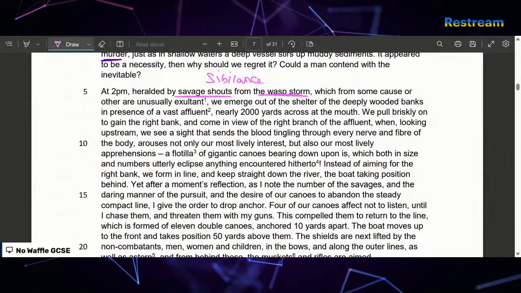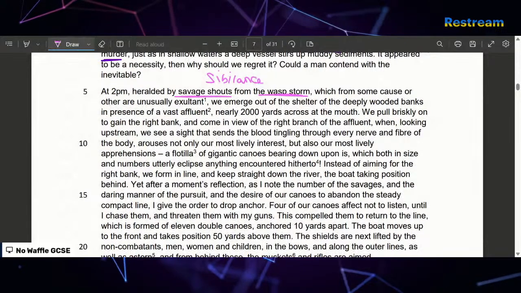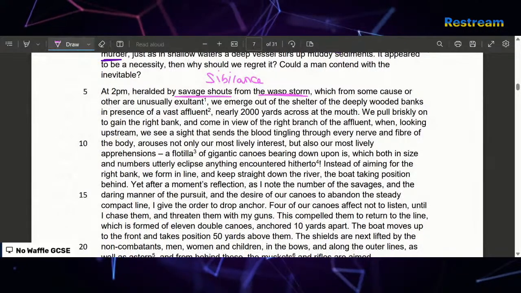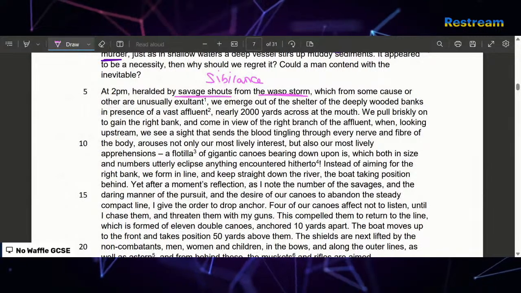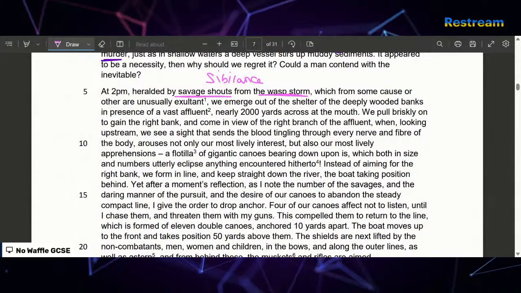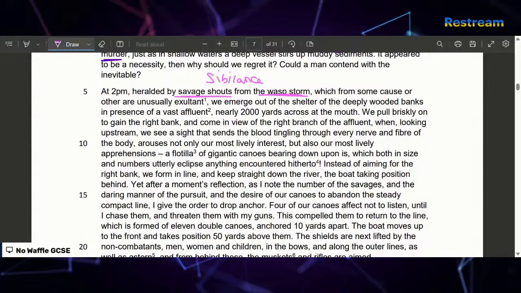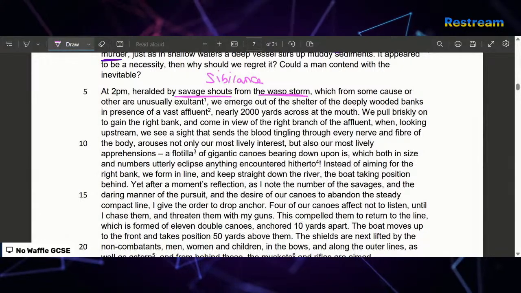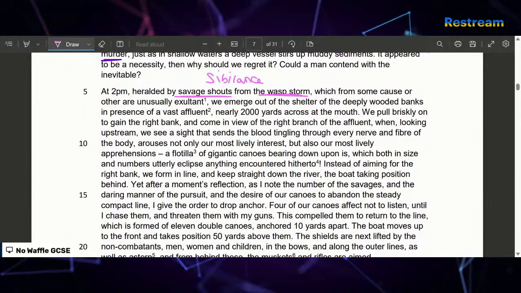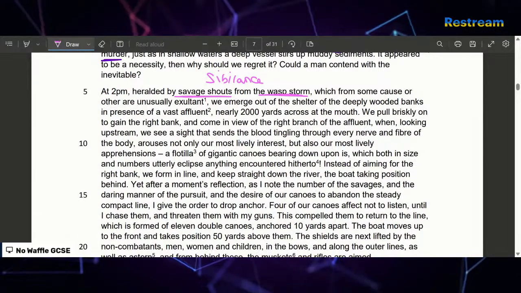It creates a sense of snake like language, how it's being possibly sour, possibly quite uncomforting. And this is how this setting is. It's very discomforting, which from some cause or other are usually exultant.